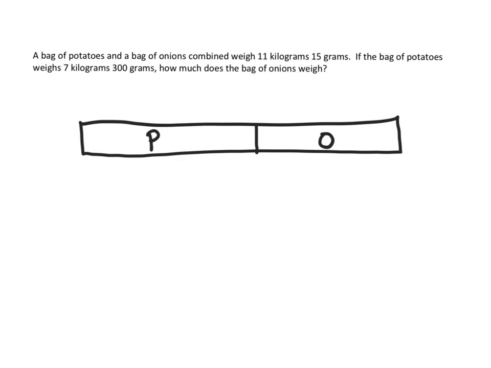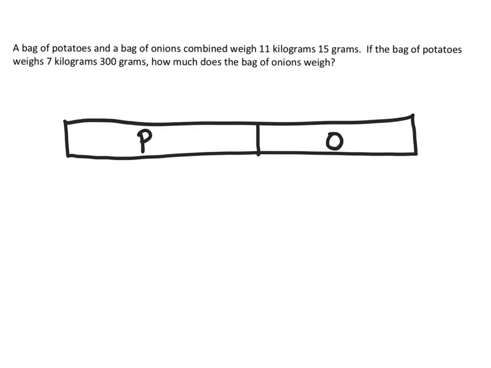And my potatoes is weighing 7. This part right here is weighing 7 kilograms and 300 grams. And the onions, well, we don't know how much that one is, because that's the question.